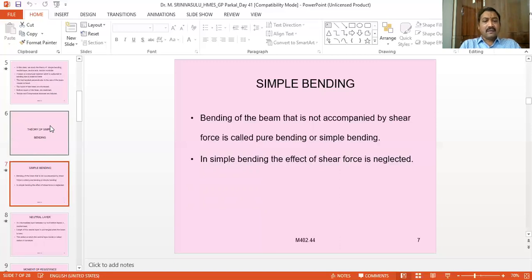So the bending of the beam that is not accompanied by the shear force is called pure bending or simple bending. In simple bending, the effect of the shear force is neglected or eliminated. Then that bending is called simple bending.